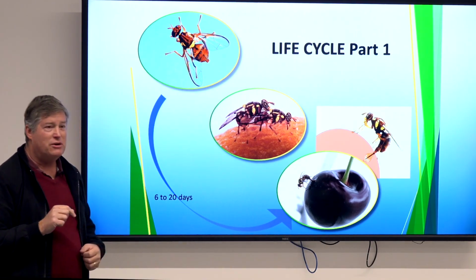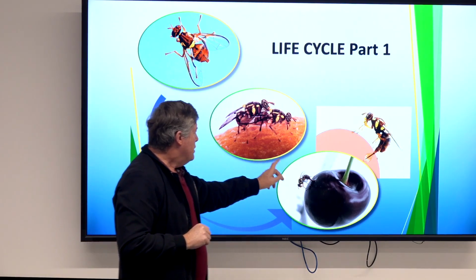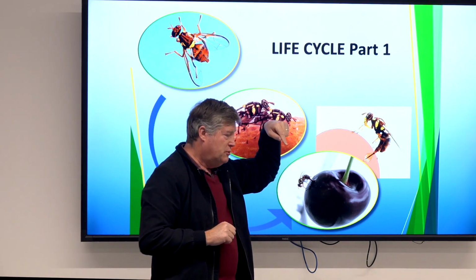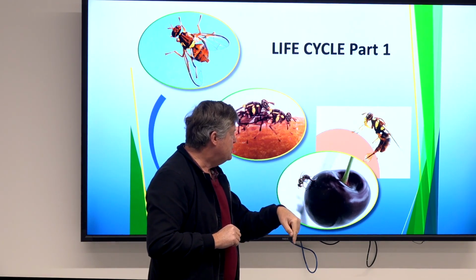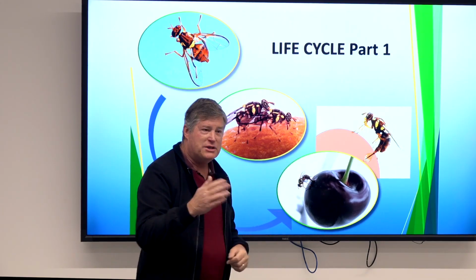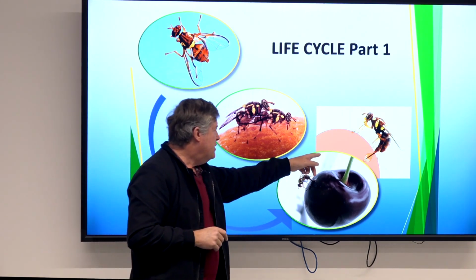It's got a sharp point on the end, and what she does is position herself on the fruit and drill down or poke the ovipositor into the fruit, waggle it around a little bit to create a bit of a cavern for the eggs, and she lays her eggs.